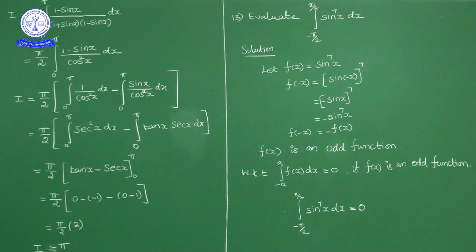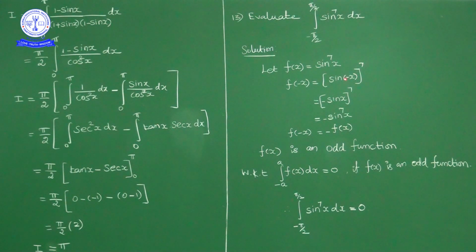Now to check whether the given function is even function or odd function, if f of minus x is equal to f of x, function is even function. If f of minus x is equal to minus f of x, it is an odd function. Okay. Now f of x is how much here? Sin power 7x. Now f of minus x, nothing but sin of minus x whole power 7.